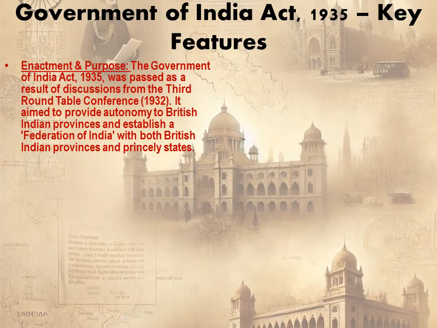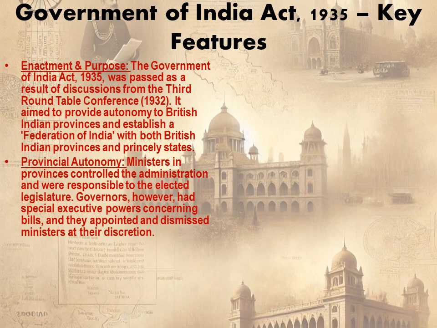So the Federation of India will be established according to the Government of India Act 1935, and in that Federation of India there will be three entities of power: the British Empire, British Indian provinces and the princely states.